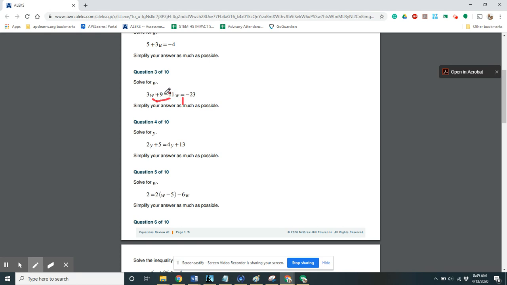Look at the sign in front of the 11, which is negative. 3 minus 11 is negative 8. So we have negative 8w plus 9, keep that 9 there, is equal to negative 23.